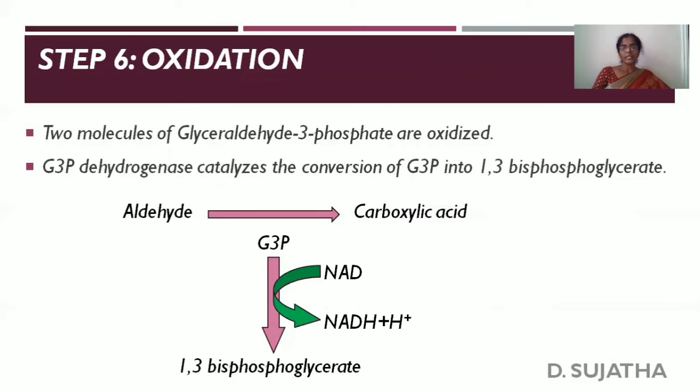So in the glycolysis pathway, in this oxidation reaction, two molecules of NADH plus H plus are produced. Here glyceraldehyde 3-phosphate is oxidized and converts into 1,3-bisphosphoglyceric acid, and NAD converts into NADH plus H plus.